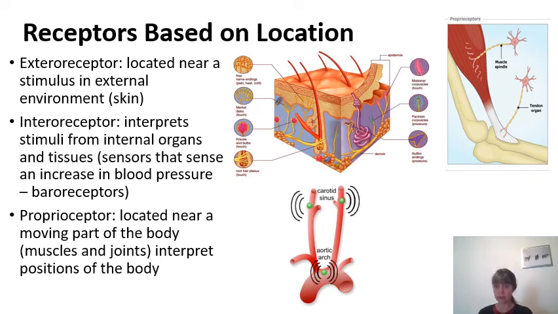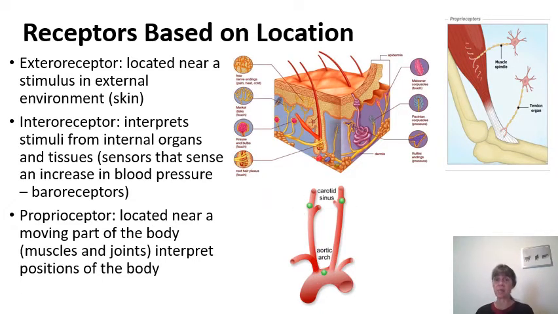We can also look at receptors based on location. Exteroreceptors, also known as exteroceptors, tend to be located close to the external portions of our body, such as our skin, to give us information about our external environment. And we've already seen free nerve endings in the epidermis.